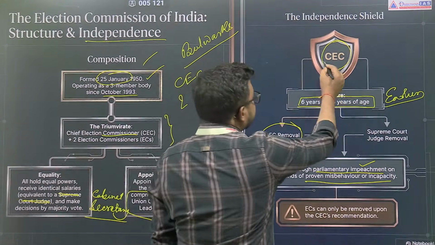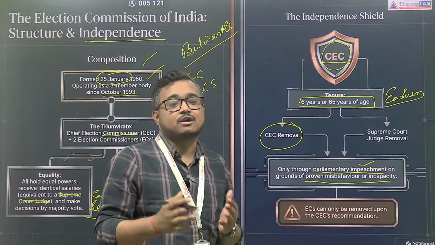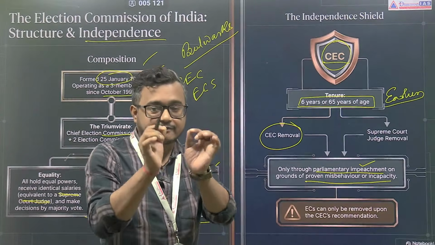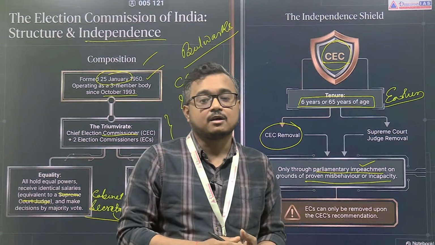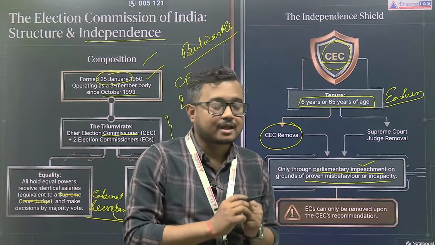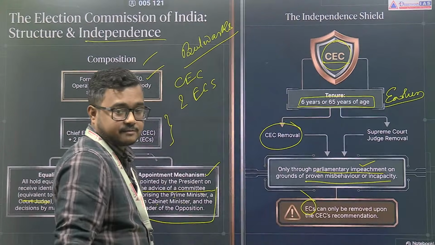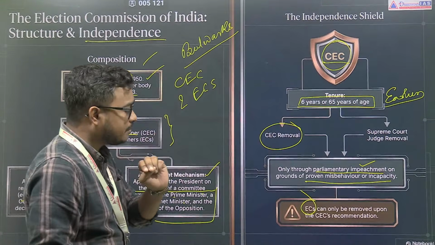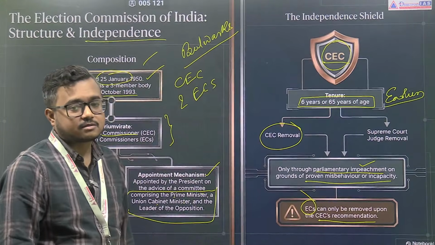He is the Chief Election Commissioner of India. He is not the Chief Election Commissioner of any government. So there is a very big difference, and it was said by one of the legendary election commissioners of India, T.N. Seshan. Achha. Now, what about the other election commissioners? The other two election commissioners can be removed on the Chief Election Commissioner's recommendation, right?